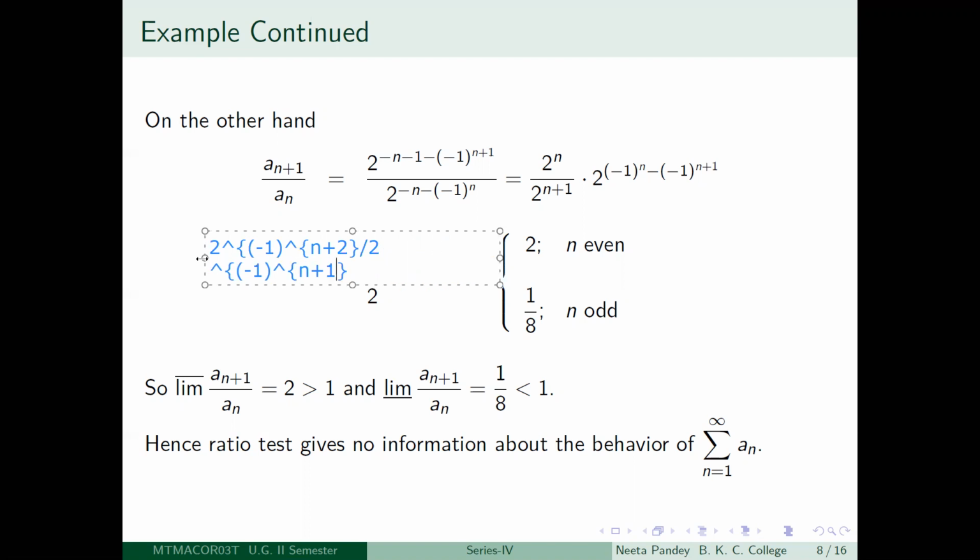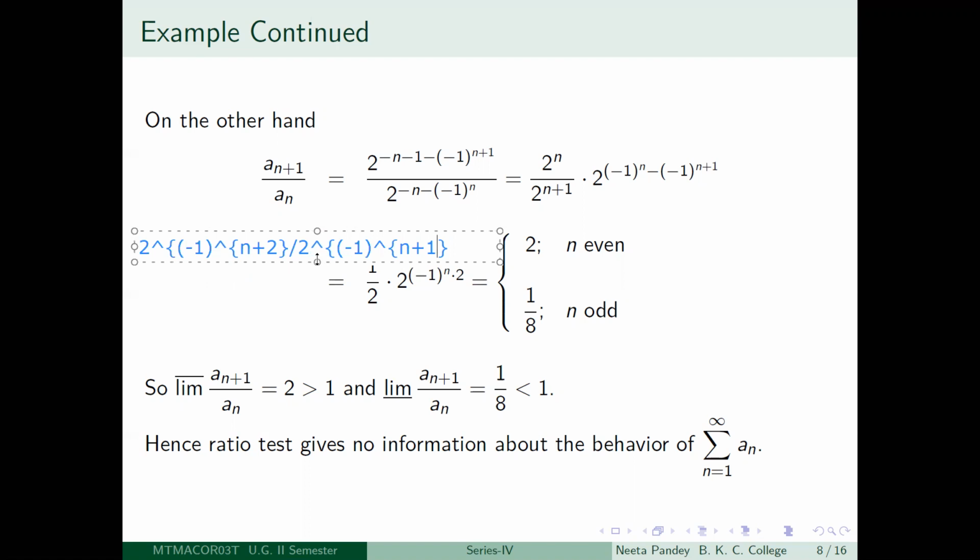So let us just shift it a little bit on this side. So this is what, and let us get it below. So this is what it looks like. Let us see, 2 to the power minus 1 to the power n plus 2 divided by 2 to the power minus 1 to the power n plus 1.